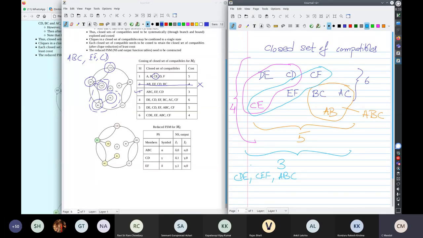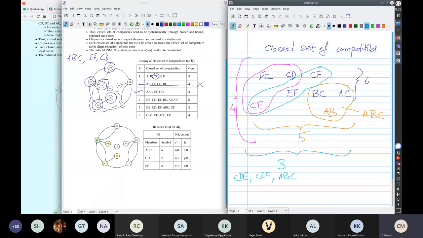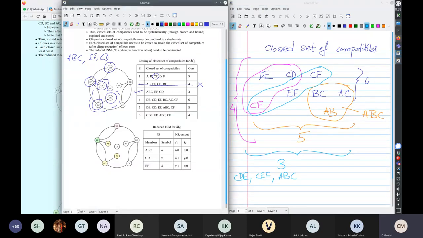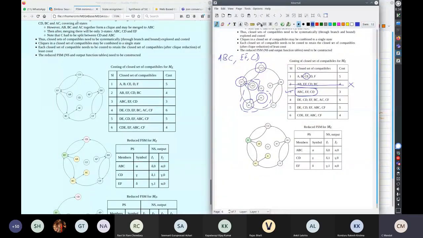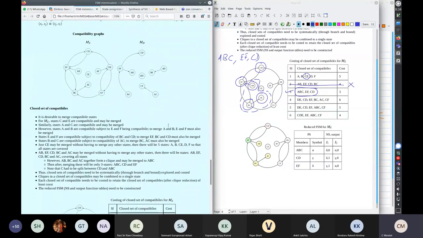Now let us try to do this. Suppose we consider this one. All right. So let us see how we can design the machine. So this is ME. It is useful to go back to ME.